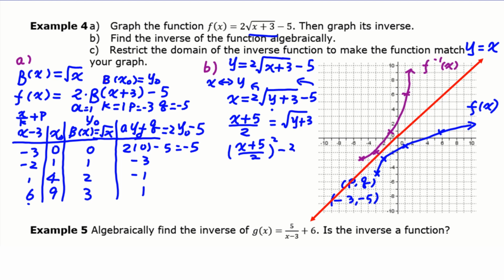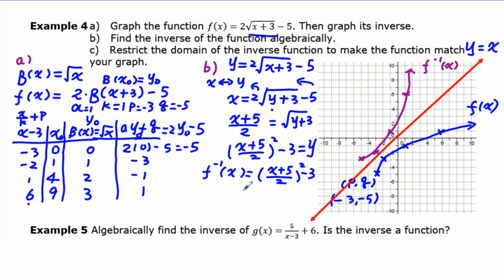Move the 3 to the other side and you will have y. Write it in function notation: y is replaced with the inverse of f(x) equals (x plus 5) divided by 2, bracket squared, minus 3. So this is how to algebraically find the inverse of the function.